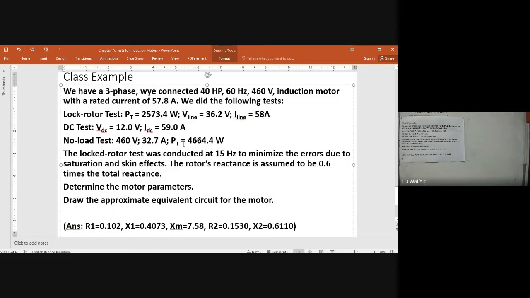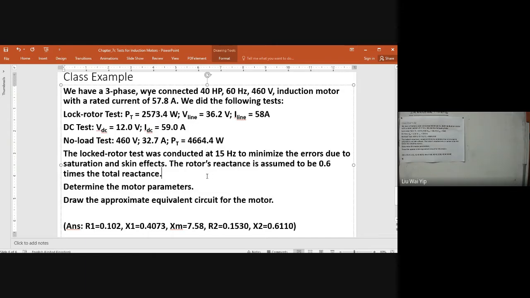We want the slip to be 0. The line current should be the rated one, but it depends on the situation. Then the power here is the value measured by the wattmeters.